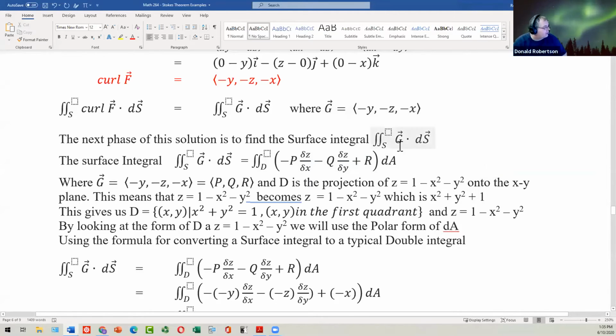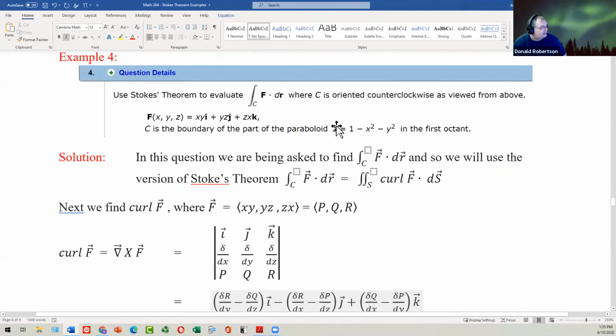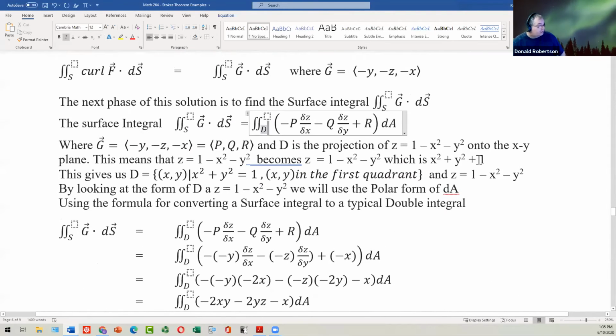So the only thing I've got left is, what does D look like? You've got to imagine that you took this surface here and you projected it onto the floor as a shadow. Now, how do you do that? You just make Z 0. Can you see that becomes x squared plus y squared equals 1? So if you make Z 0 and you tidy it up a little bit, it's a circle.